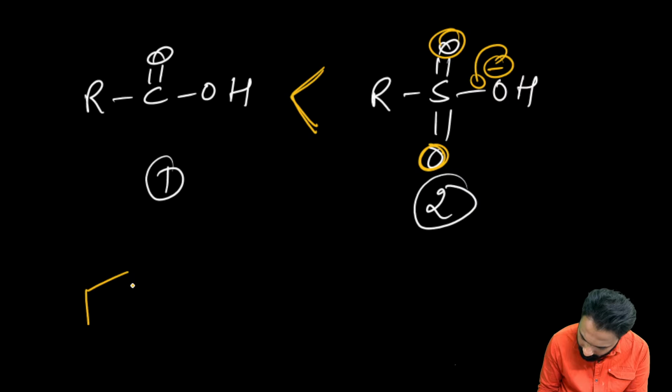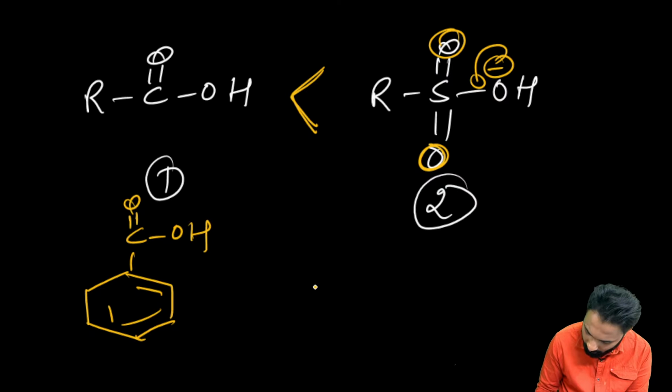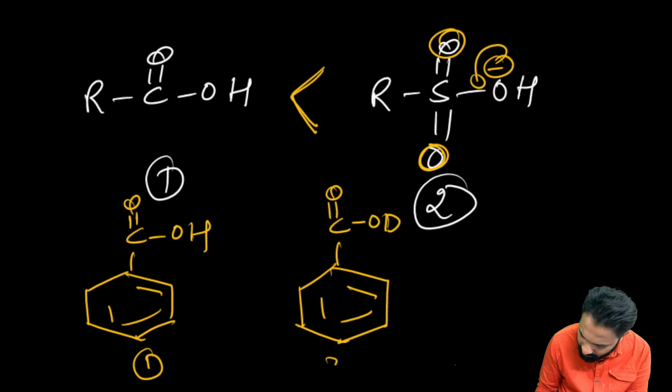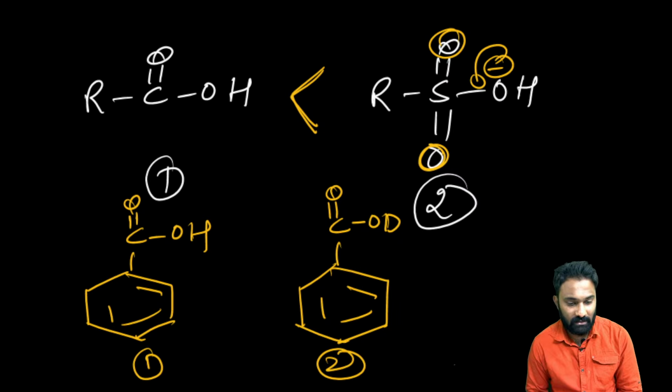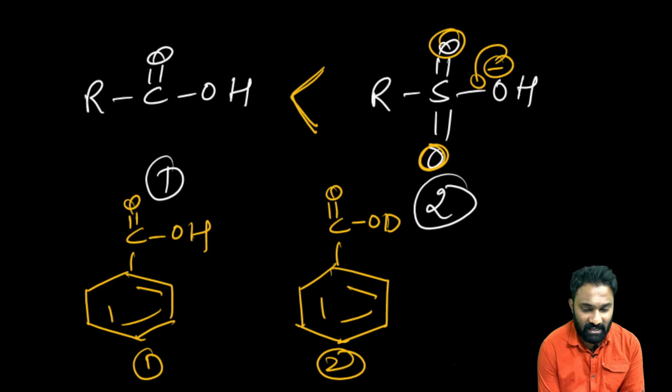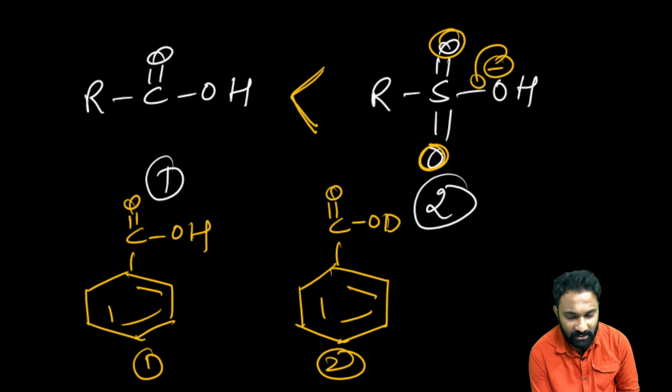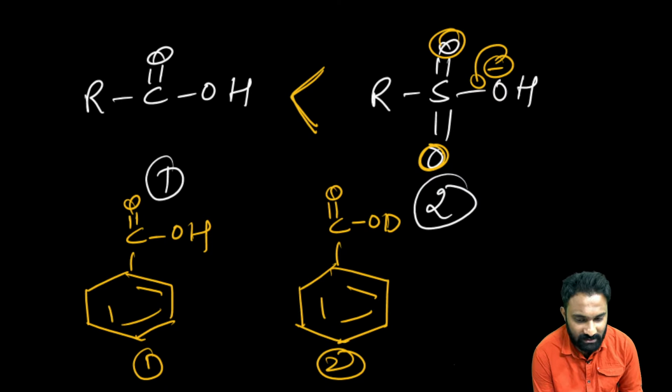Next one, suppose benzoic acid is given. Now for this benzoic acid, deuterium is attached instead of hydrogen. Among the 1 and 2, which is more acidic, they will ask. This is also a very interesting and very important molecule.